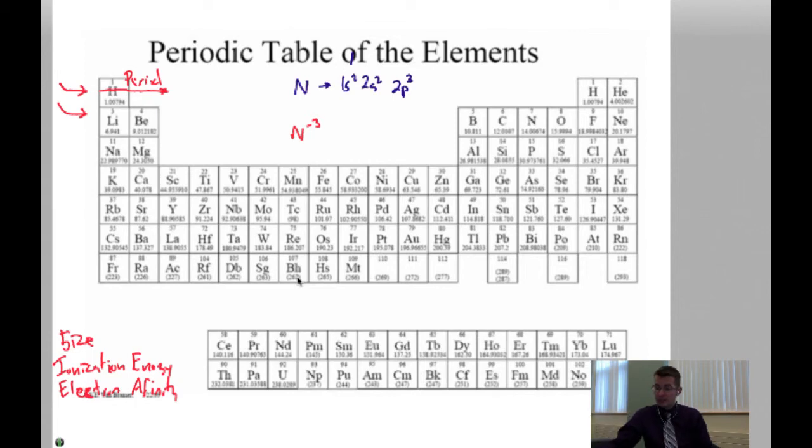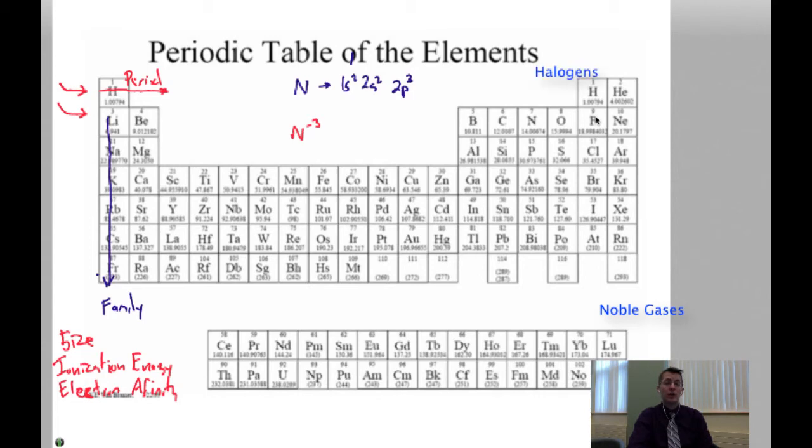And within a column, these are called families. And we've already looked at the names of four of these families. We have the alkali metals, the alkali earth metals, we have the noble gases, and we have the halogens.